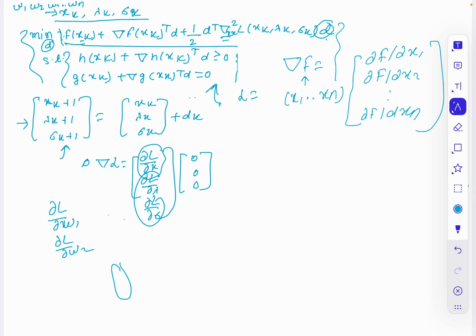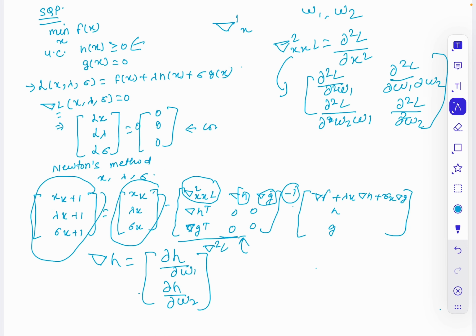After you get the value of d, you update your initial guess. So you update the x matrix, basically the weight matrix, with the d values, and then you update the Lagrangian parameters with respect to the KKT condition that we haven't seen in detail, but that is how the SQP algorithm works, okay? So in the next lecture we'll be seeing the Python code. If you have any doubt, let me know, okay?